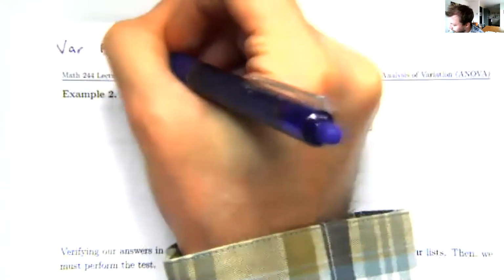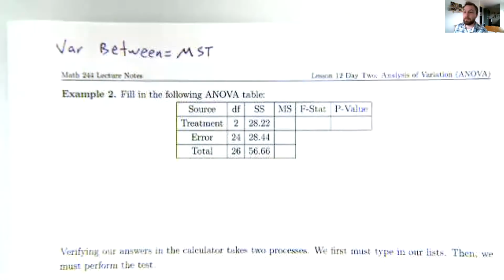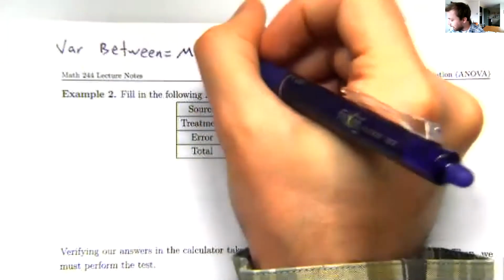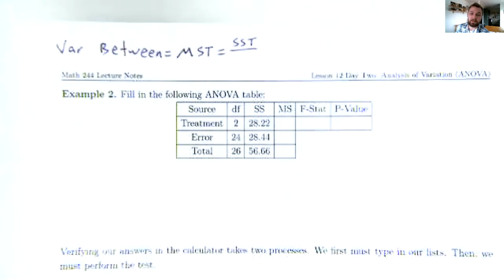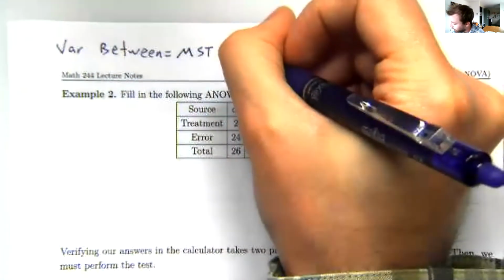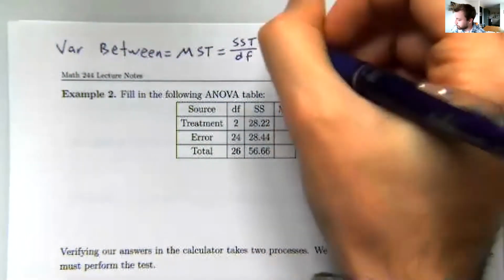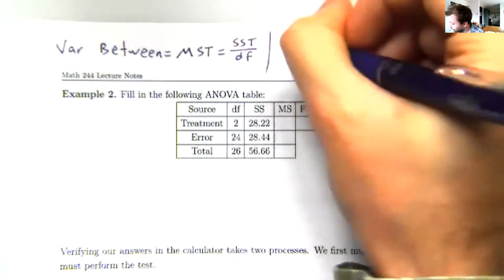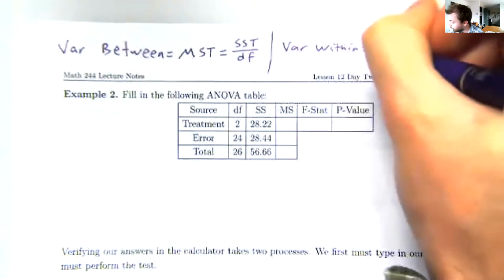The variation between groups, this was the same thing as the mean square of the treatments. I found this by taking the sum of all of the squares of the treatments, and I divided this by the degree of freedom for the treatments. The var within, this is my pooled variance.